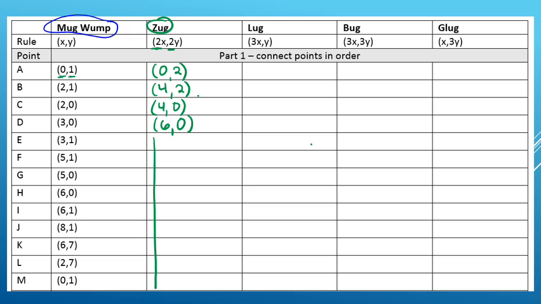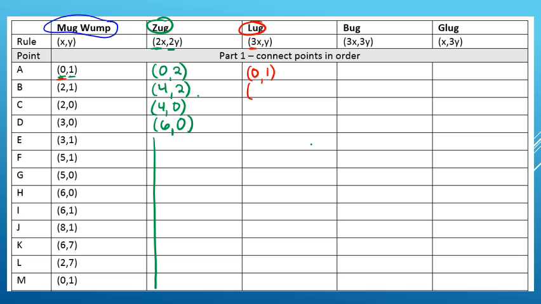And next we're going to look at Lug. Lug is made a little bit differently. Lug is made with (3x, y). So in this case, we're going to multiply the x coordinate by 3 and leave the y coordinate alone. I have 0 times 3 makes 0, and I keep the same y, so it's just 1.